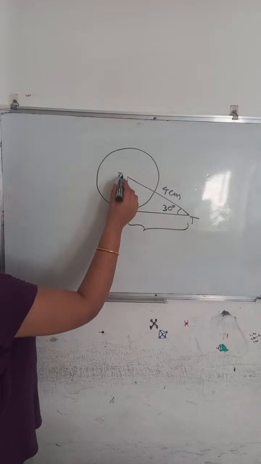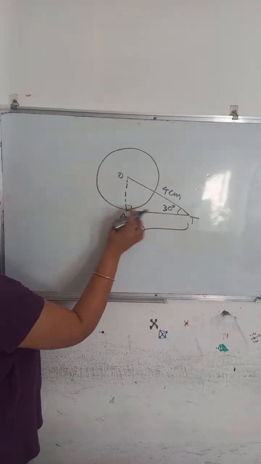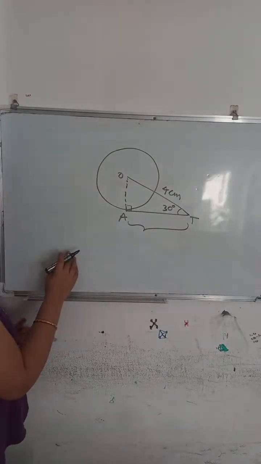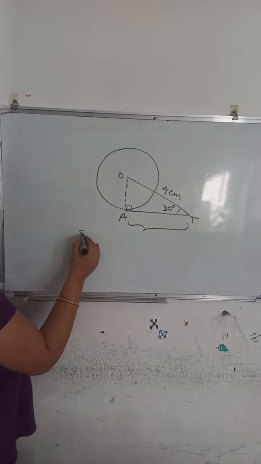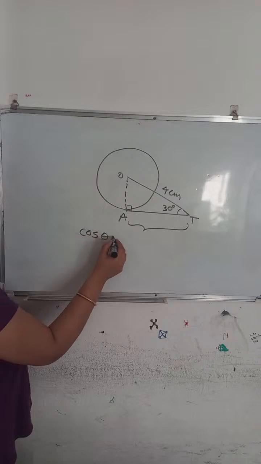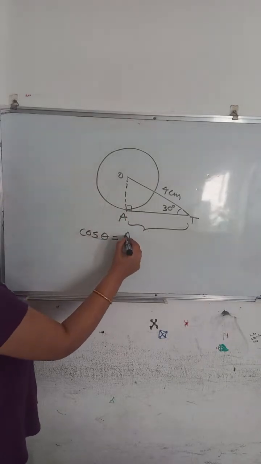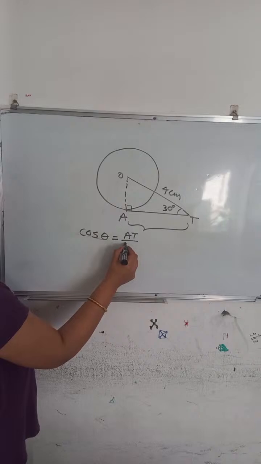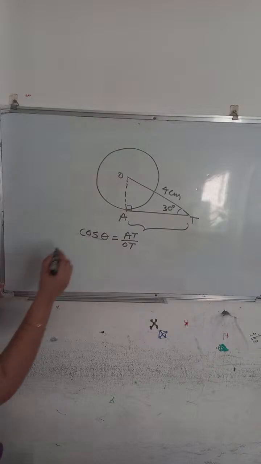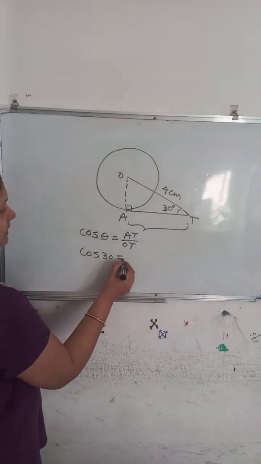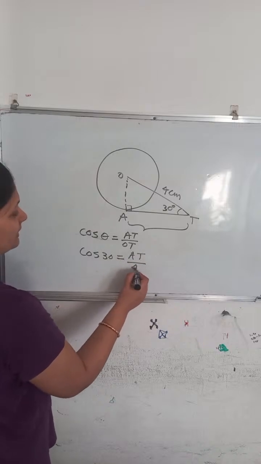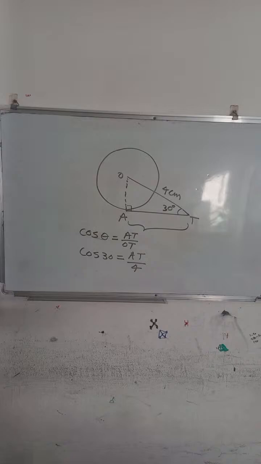So if you consider triangle OAT, then can we apply trigonometry here, and I know the hypotenuse, and I am interested in AT, then can I apply cos 30? Cos theta is adjacent, that is AT, by hypotenuse OT, because opposite to 90 is the hypotenuse. So cos 30 is equal to AT, which I have to find out, by OT, which is 4.